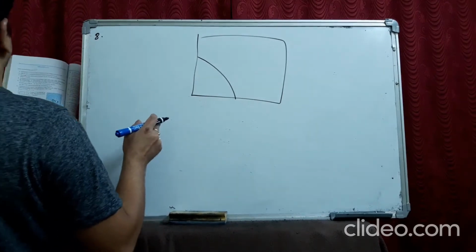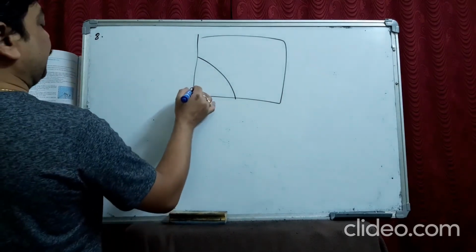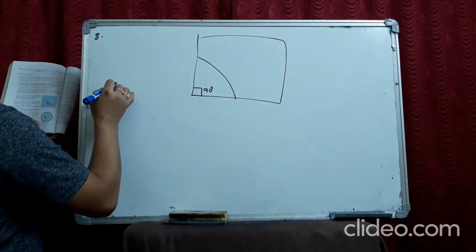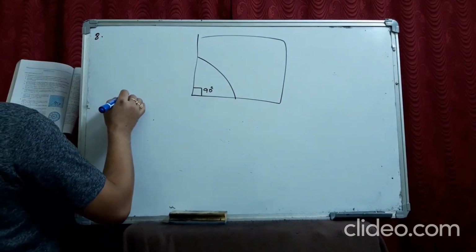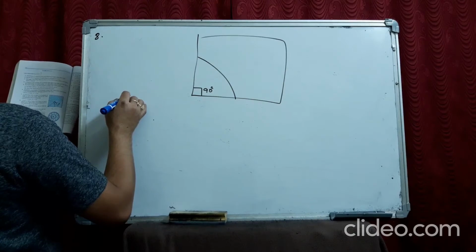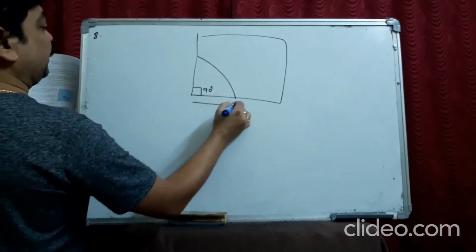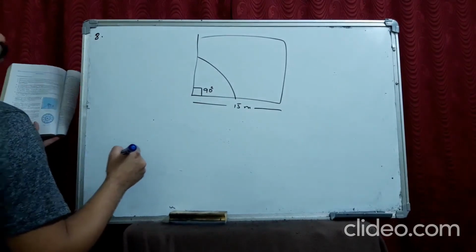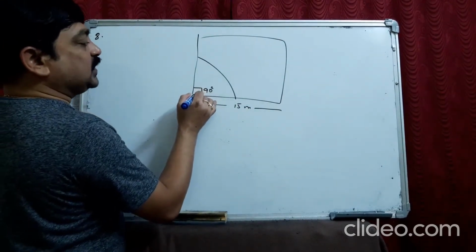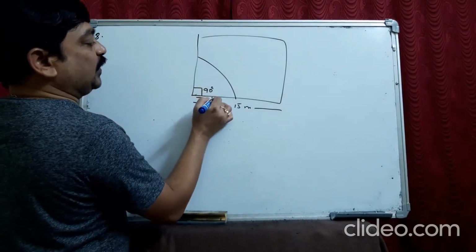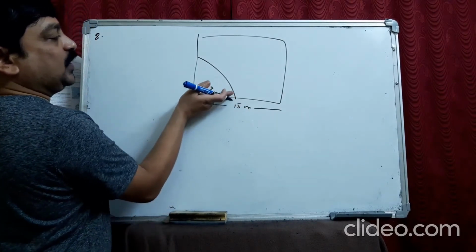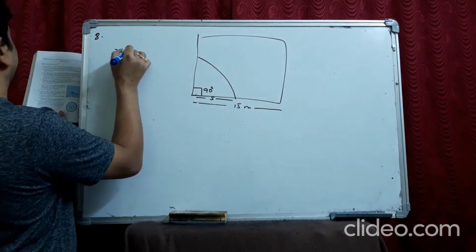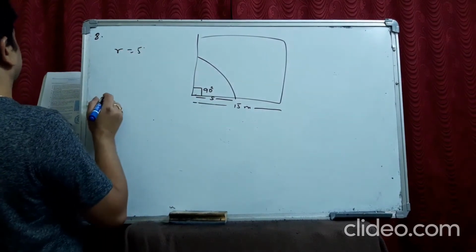When it is a square field, the angle will be 90 degrees, and you are told that the square field is of side 15 meters, and the horse is tied by means of a 5 meter rope. So 5 meter rope means this will be 5 meter. It will be grazing only through 5 meters. So you can take R as 5 here.